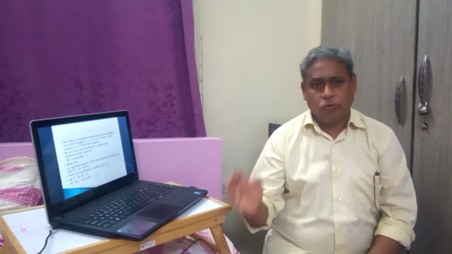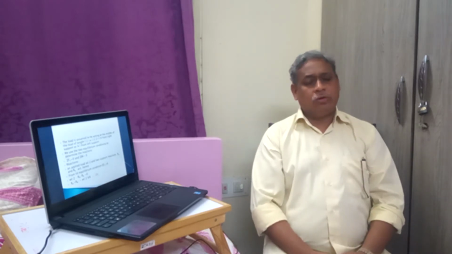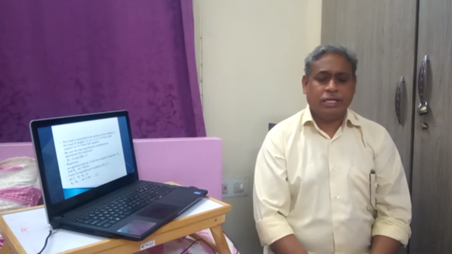Therefore, the load is assumed to be acting at the middle of the loaded length L by 2, that is L by 2 by 2. Therefore, it is L by 4 from the right support, or 3/4 of L from the left support. That is, L by 2 plus L by 4, it is 3L by 4 length. So the total load is assumed to be acting at 3/4 of the length.